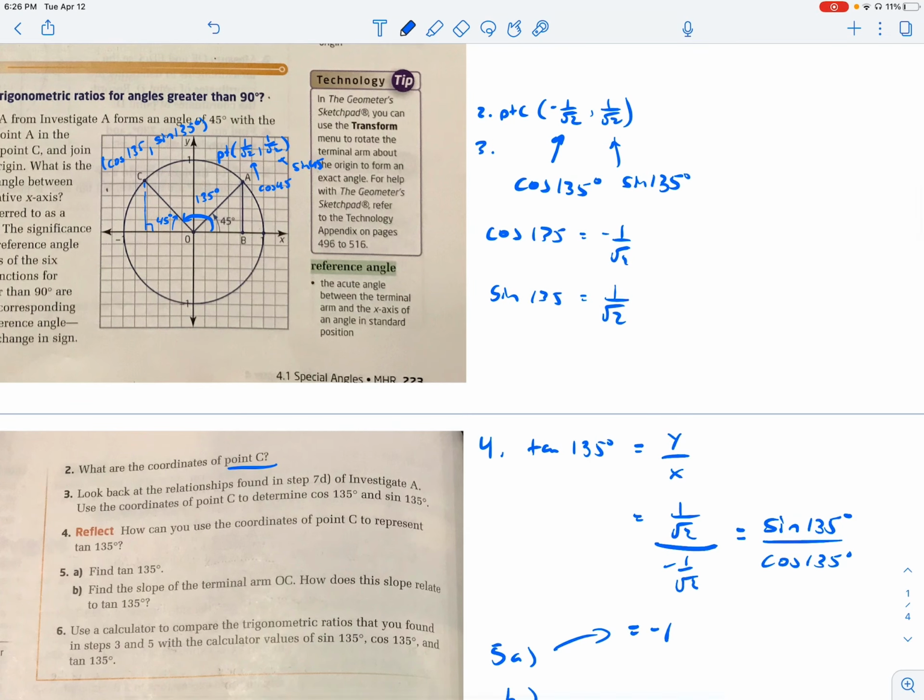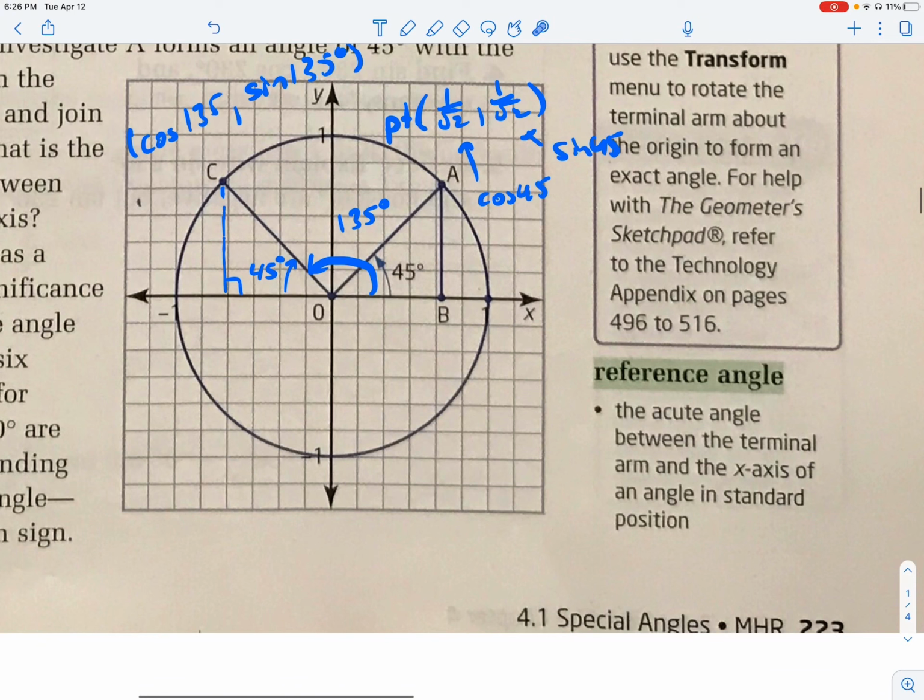So it says find the slope of OC. So the slope of this line. If you look at it, you can see that we're cutting through the grid diagonally, nice and even on a 45, which we know it is. I can tell as I go down 1, I go over 1 each time. So the slope should just be negative 1.